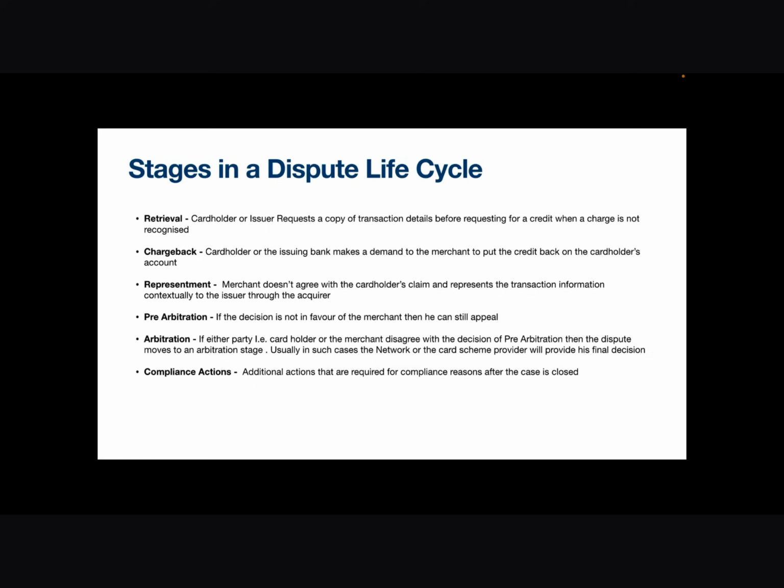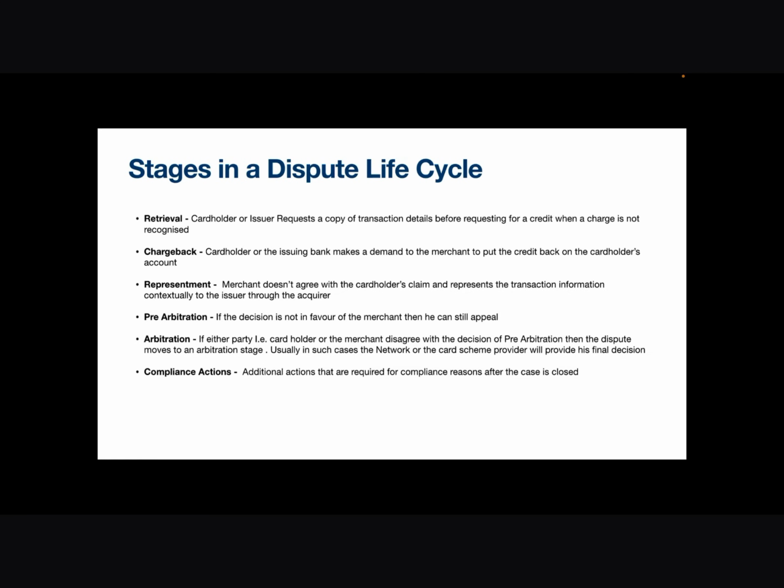The network knows about this because it is dealing with the process, right? So it's the one who is actually coordinating the communication on either side, which is the acquiring side and the issuing side. So the merchant is also watching all of this happening, and this is where there is another chance given to the merchant through the acquiring body or the acquiring bank, that he can make another claim.